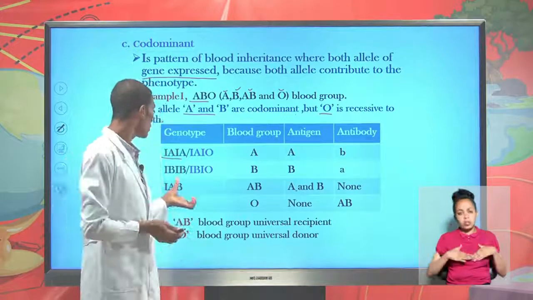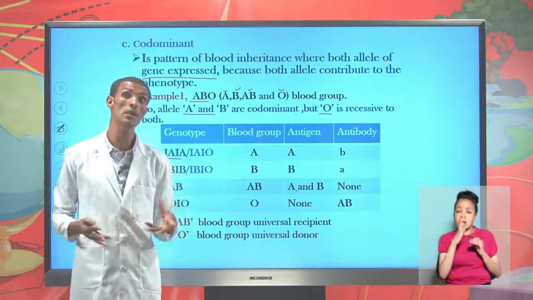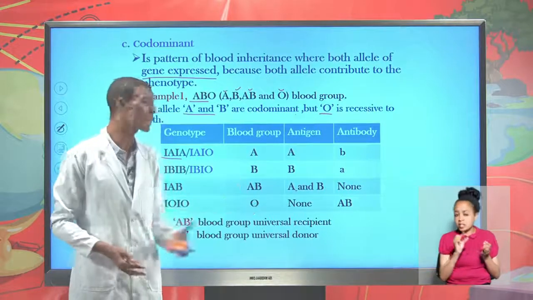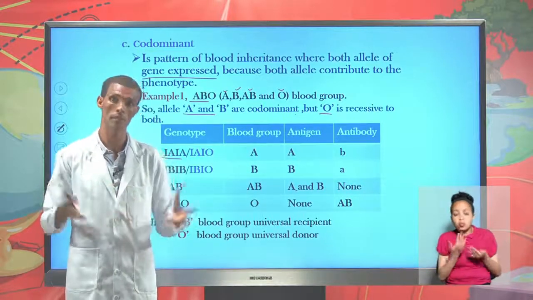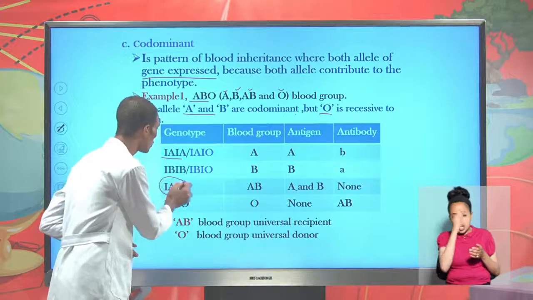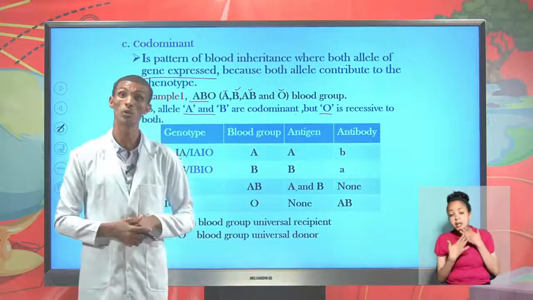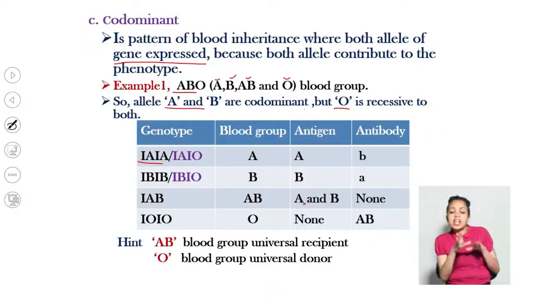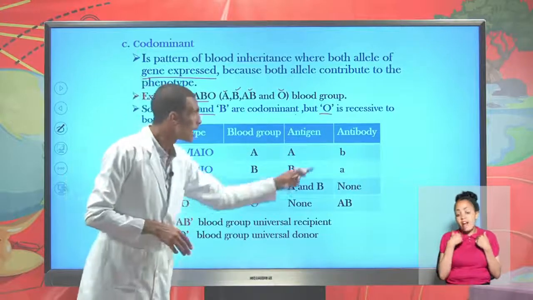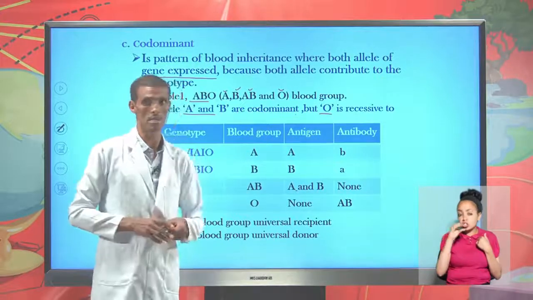If an individual with AB blood group encounters an accident, this type of individual can receive blood from any blood type. By that, an individual with AB blood group is considered a universal recipient. But here, O blood group has none of the antigen here, and both A and B antibodies here.